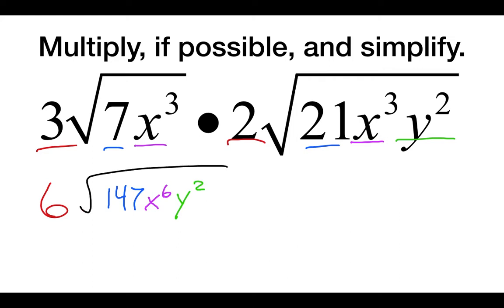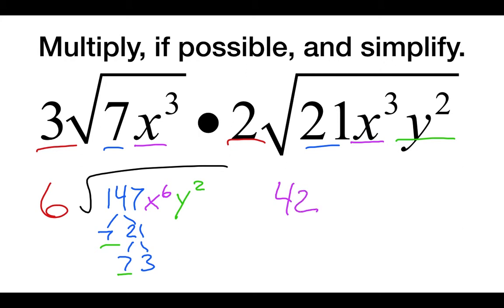And now square root. So I need to talk about the square root of 147. Now, some of you might recognize that one of its factors is 49. That would be very few of you. So if you didn't recognize that, that's fine. But I did know that it was 7 times 21, which if I break it down is 7 times 3. There is a pair of 7s there, meaning I can pull that out. 6 times 7 is, in fact, 42.